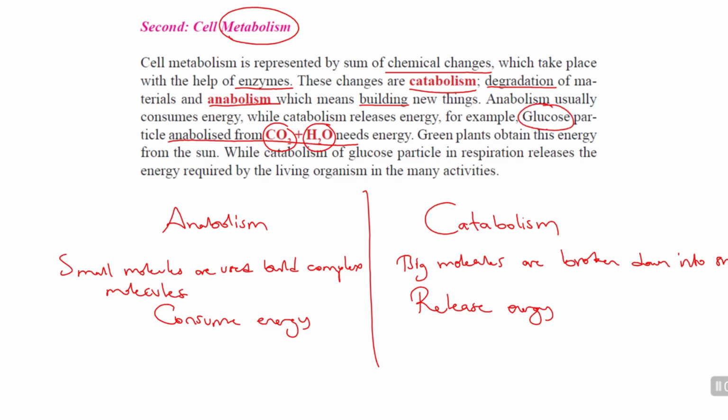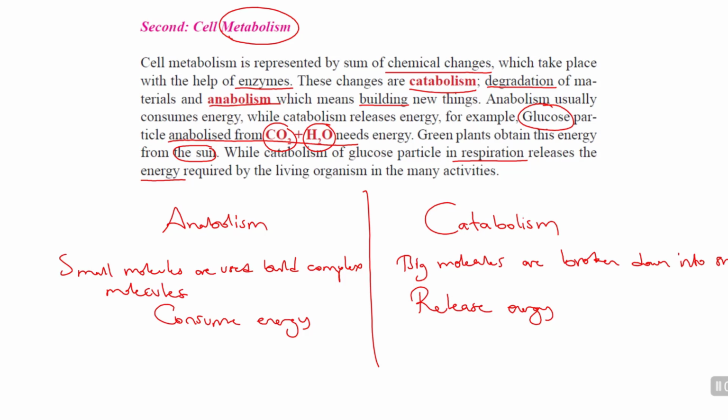So this is an example of anabolism. Green plants obtain this energy from the sun, which proves that the anabolic reaction uses energy, while catabolism of glucose is respiration, whose aim is releasing the ATP energy to be used by living organisms in many activities.